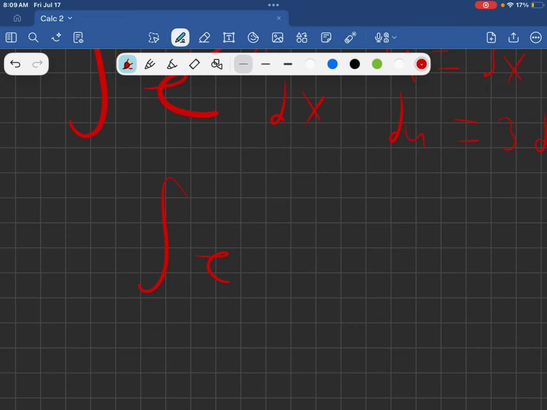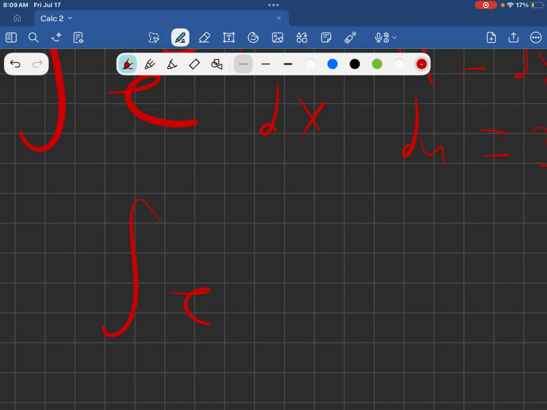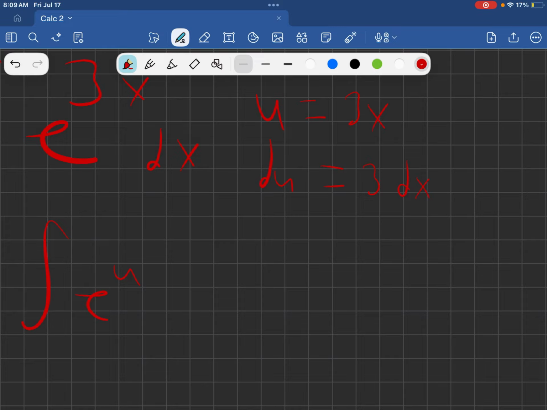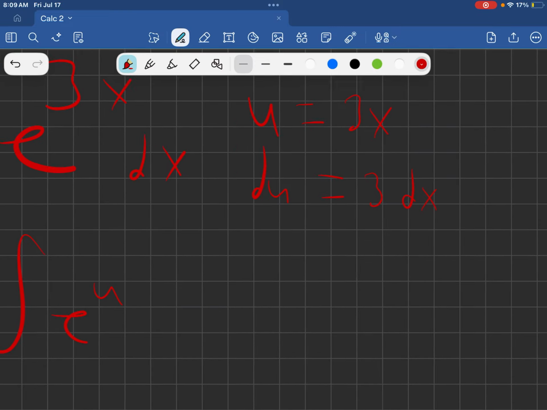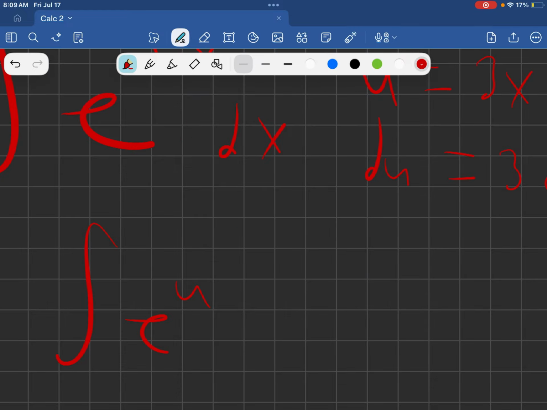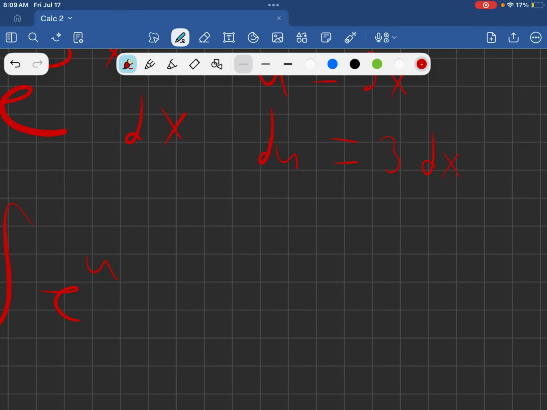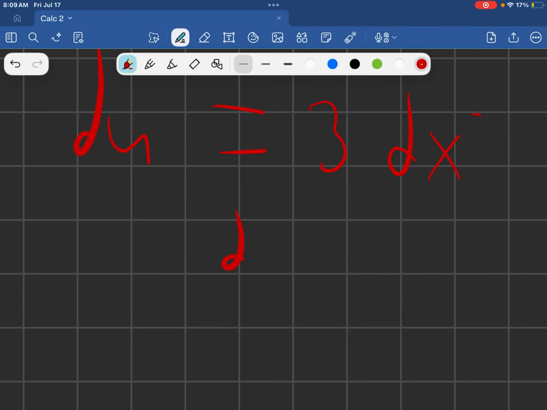So now we have e to the u, and since du equals 3 dx, all we have is a dx here, and that's 1/3 of what we need here. And you could also rearrange this to see that dx equals 1/3 du by rearranging this equation up here.